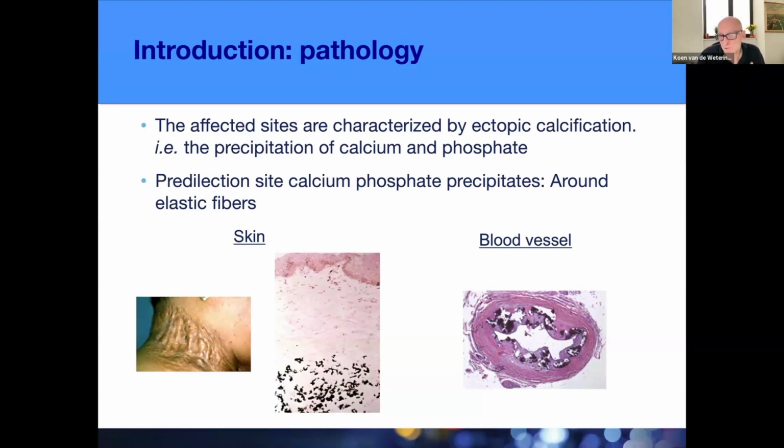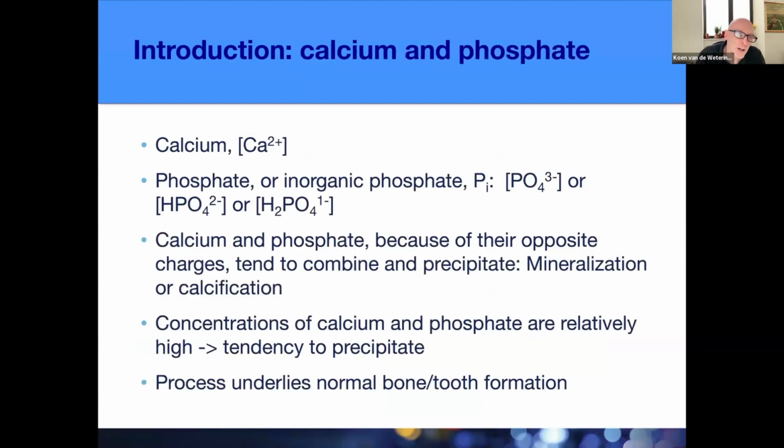These animals have very similar clinical manifestations as human PXEers. They also have calcification in their skin. They suffer from calcification in their eyes and also calcification in their blood vessels. So calcium phosphate precipitation is what is causing the problems in PXEers.